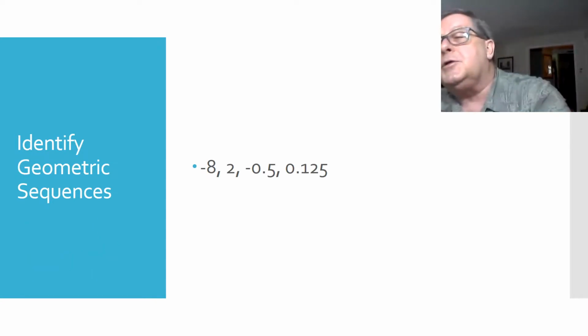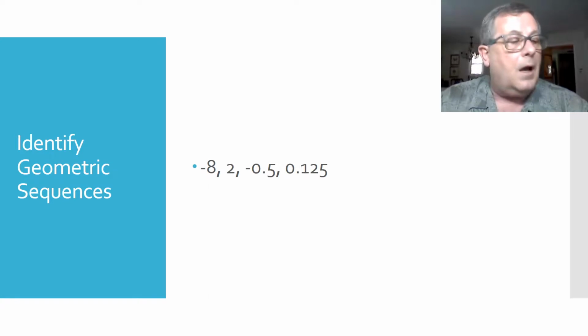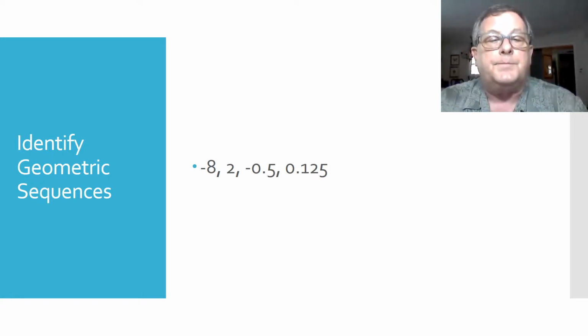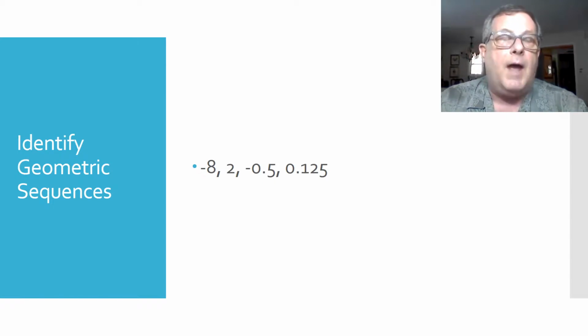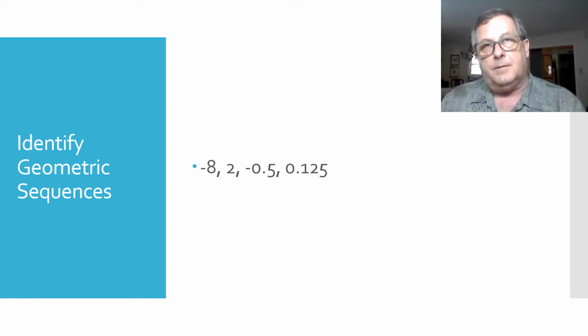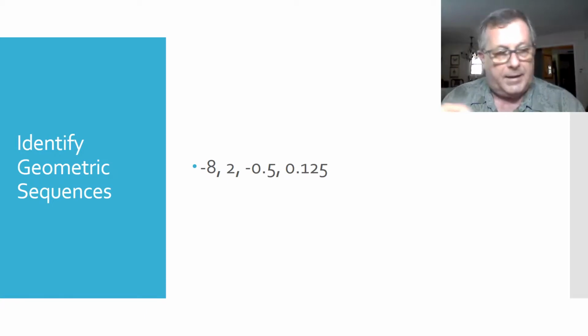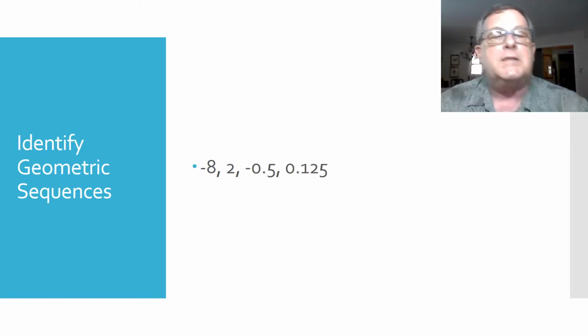Now, if I'm going to determine and try to identify a common ratio, what I want to do is take A2, the second number in the sequence, and divide it by A1, the first number in the sequence, and then continue doing that, taking the next number and dividing it by the previous number.